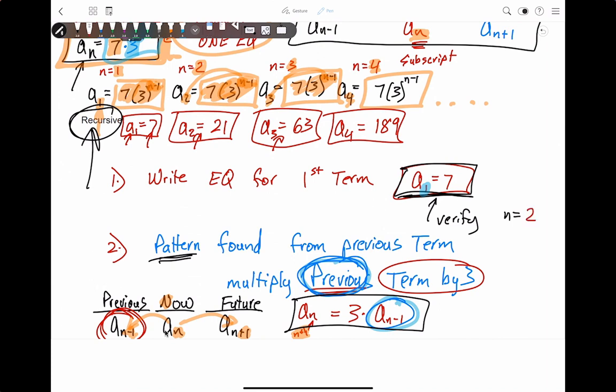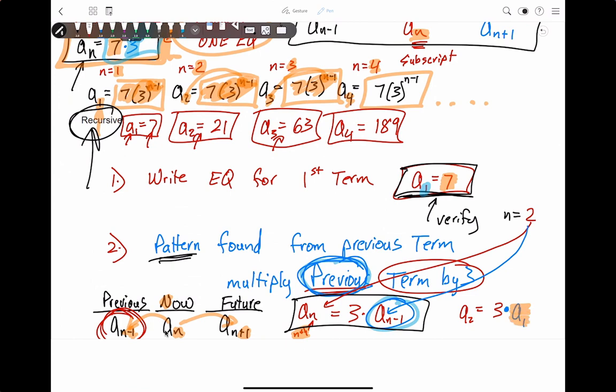Well, if n is 2, then I would come over here and put this as a sub 2, aka the second term, is equal to 3 times, let's go ahead and put 2 here for n, 2 minus 1 is 1, it'd be a sub 1. So it's saying 3 times a sub 1, which is 7. Oops, it's 7 up here. Here's a sub 1. That's 7.